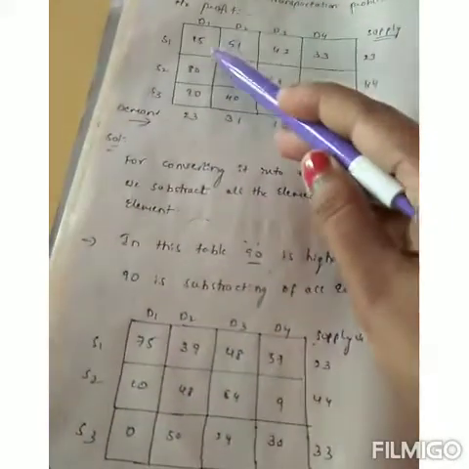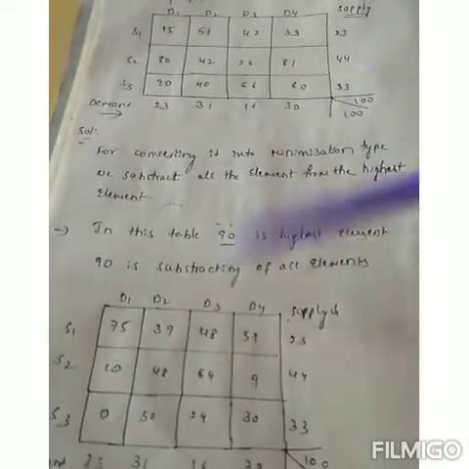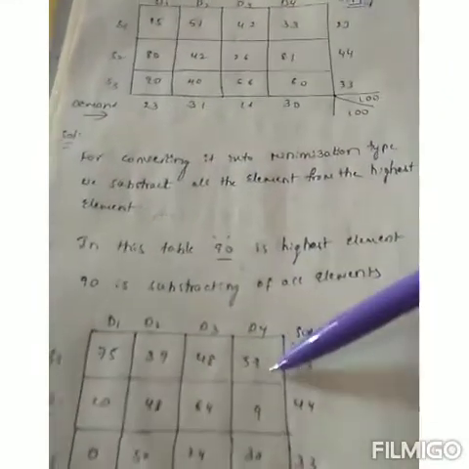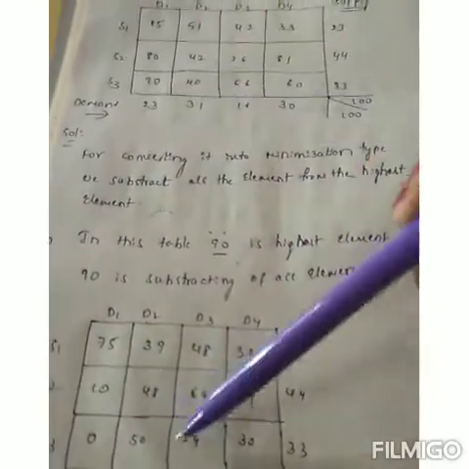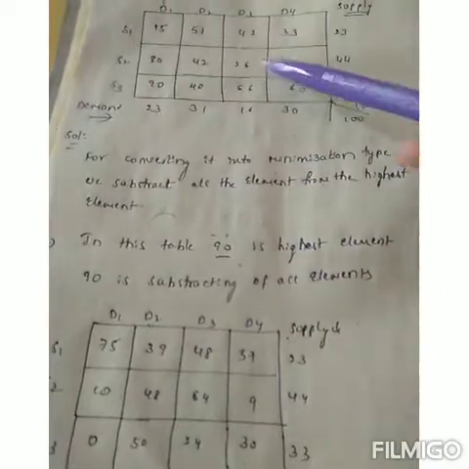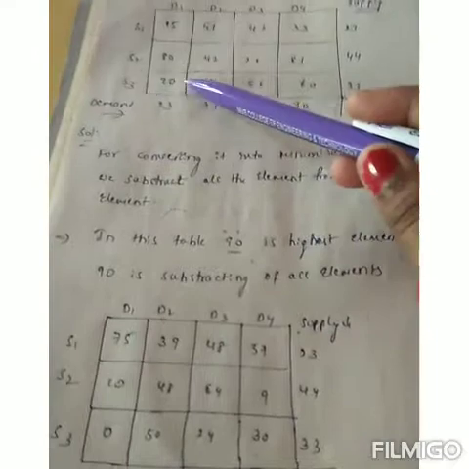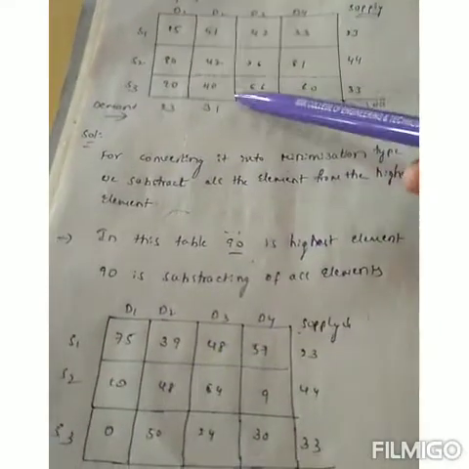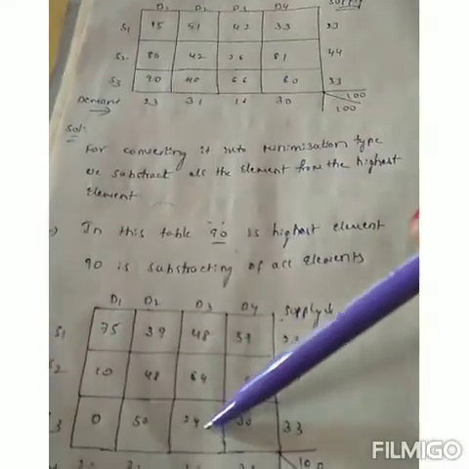So here 90 minus 15 is 75, 90 minus 51 is 39, 90 minus 42 is 48, 90 minus 33 is 57, 90 minus 80 is 10, 90 minus 42 is 48, 90 minus 26 is 64, 90 minus 81 is 9, 90 minus 90 is 0, 90 minus 40 is 50, 90 minus 66 is 24, 90 minus 60 is 30.